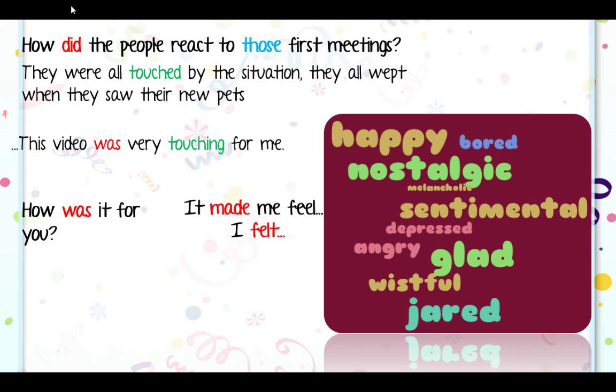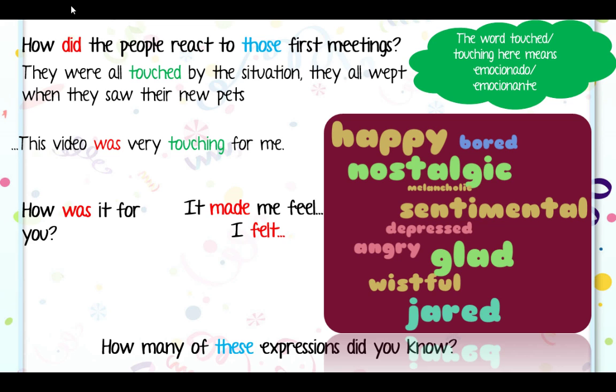So there are many words you can use to describe your current mood. Okay? So how many of these expressions did you know? Maybe you know 90% of them, half of them, I don't know. So remember that the word touched or touching here means emocionado, emocionante o conmovedor, okay?